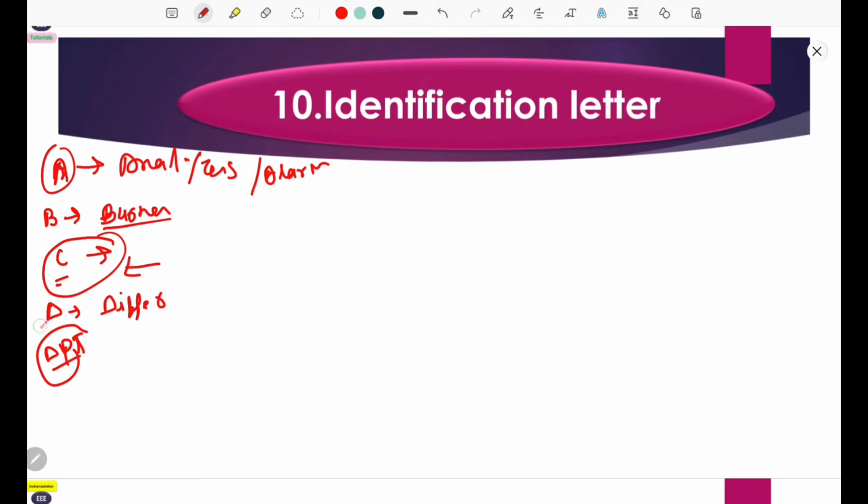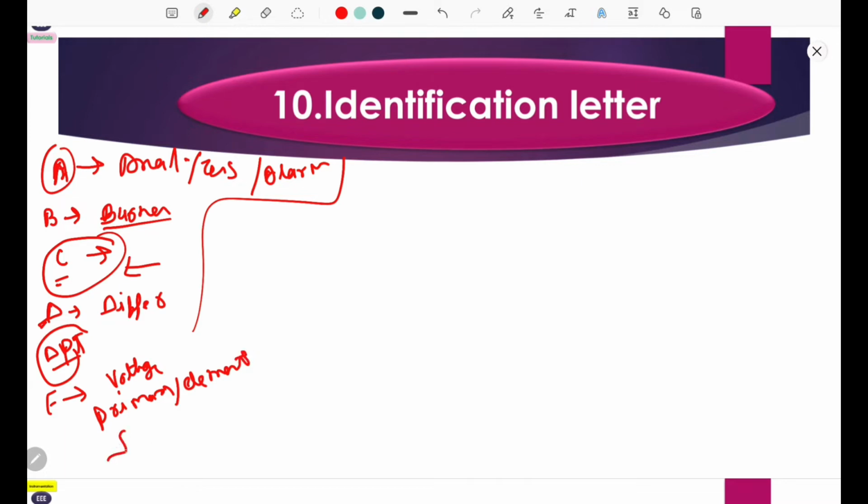Another is E. E is generally used for showing voltage, or some primary element, or sensor. This is also asked in many interview questions.